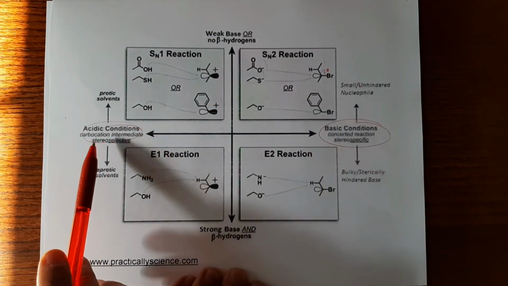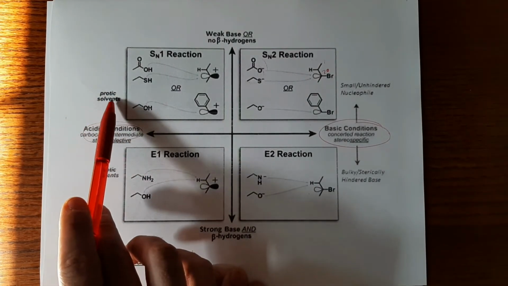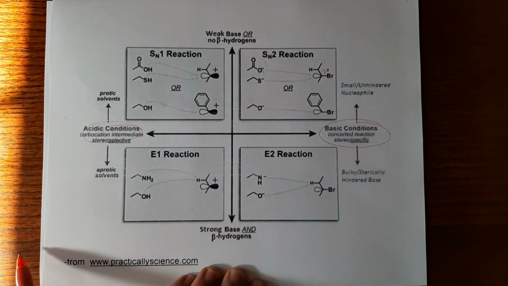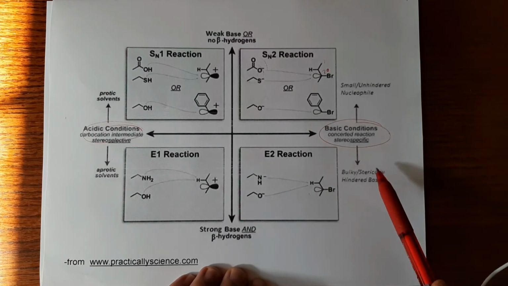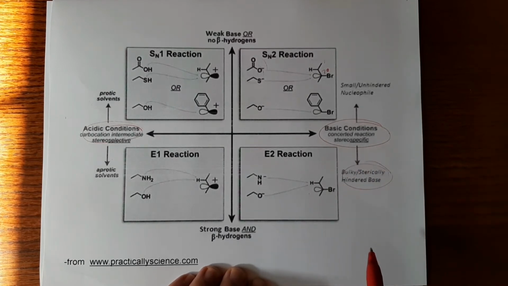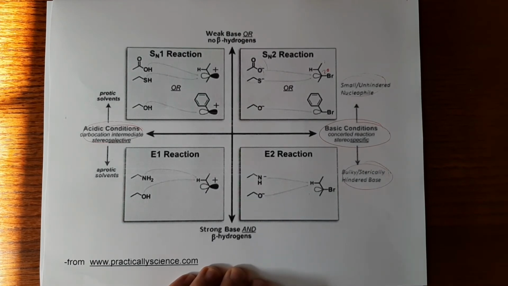And then you can differentiate between the two by going protic solvents, things with an H attached, or aprotic solvents, things without the proton that can be donated. You can differentiate between these two in basic conditions by bulky or sterically hindered bases, or small unhindered bases or nucleophiles.